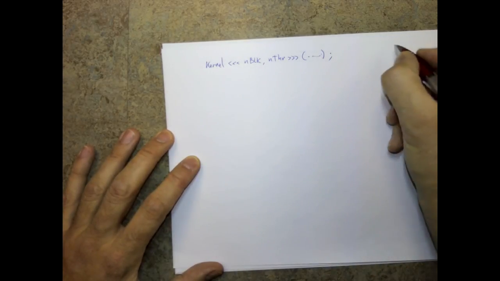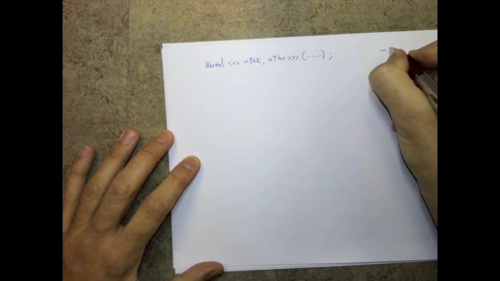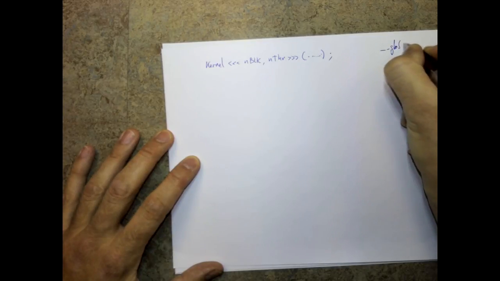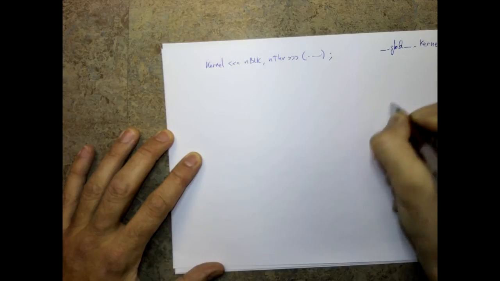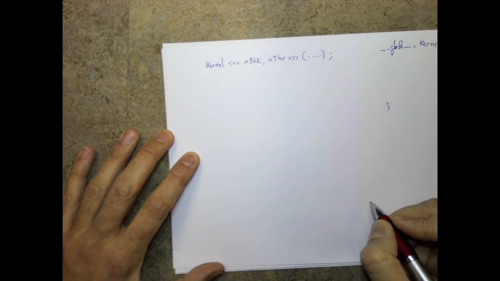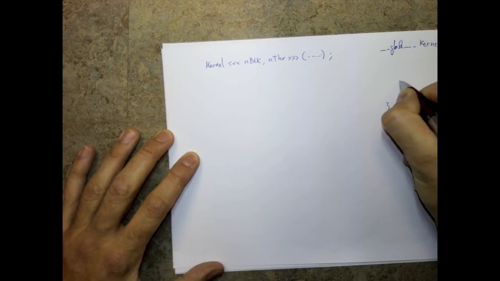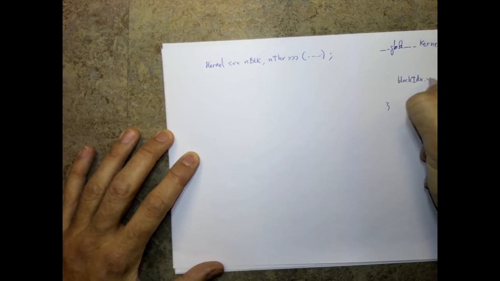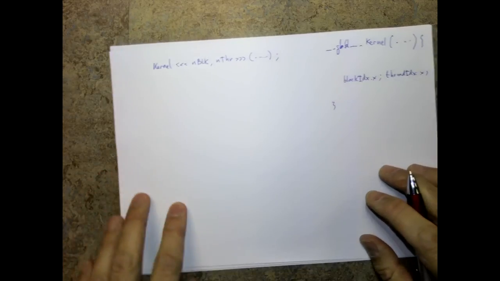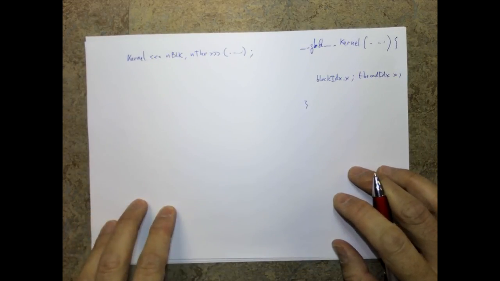Then, in another file, we will have our global function, or kernel. And in this kernel, you already know that we are going to use, for example, the block index, and also the thread index.